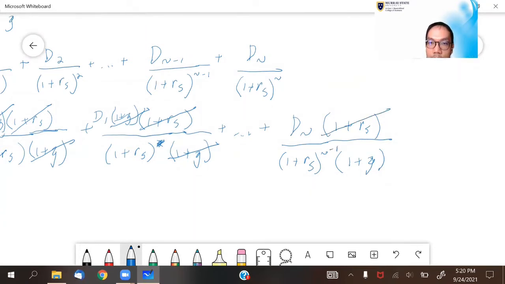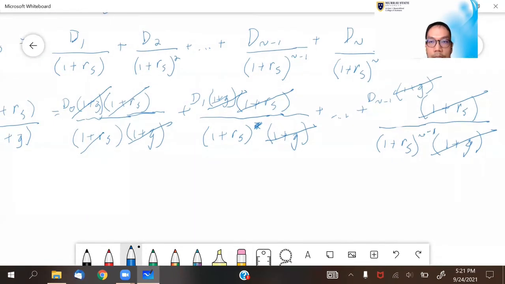Infinity minus 1. Right? And then you have dividend of infinity, which is dividend infinity minus 1 multiplied by 1 plus growth rate. Right, so you can erase this one. Okay, now you get something like this.